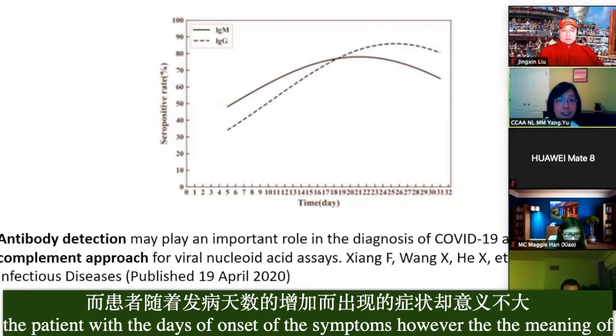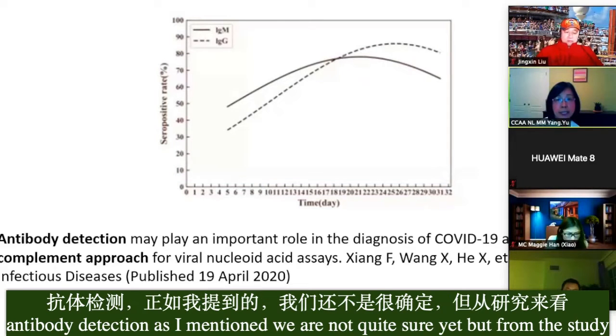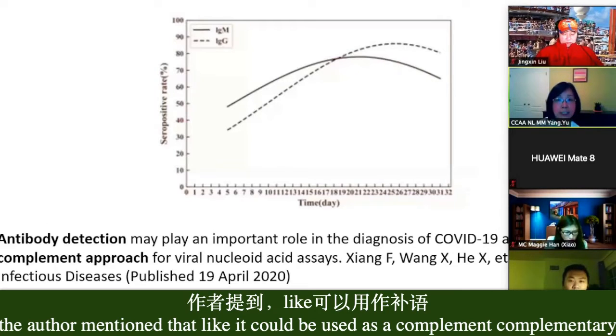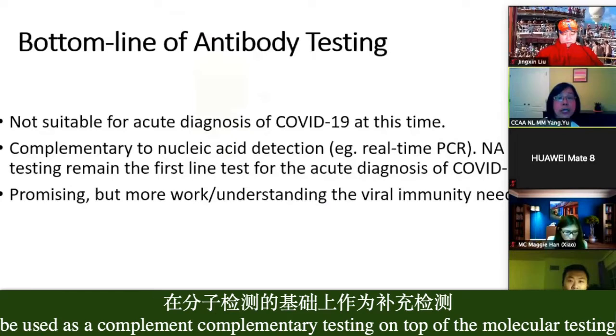However, as I mentioned, we are not quite sure yet about the meaning of antibody detection. But from the study, the authors mentioned that it could be used as complementary testing on top of the molecular testing.